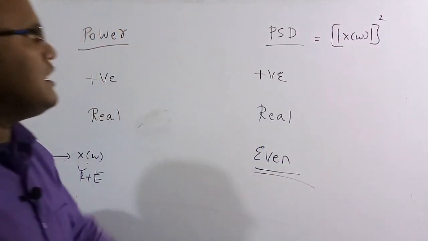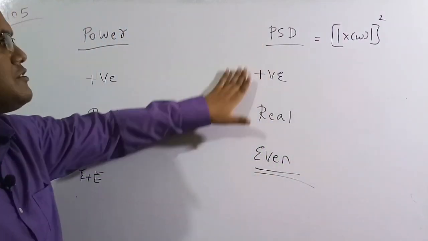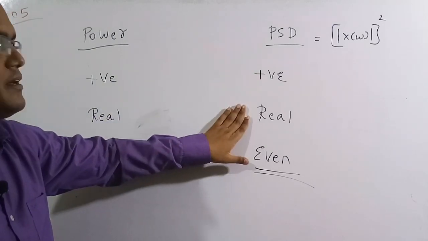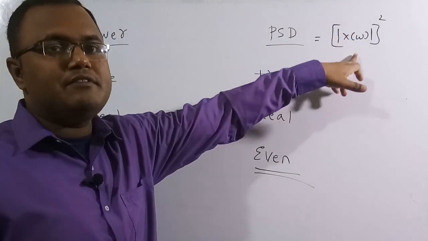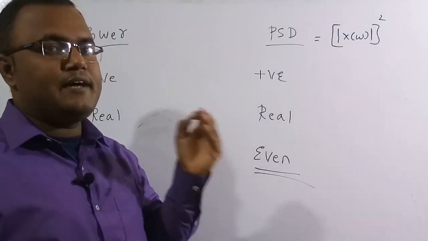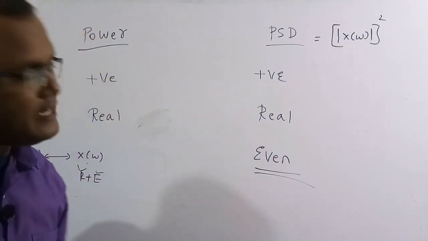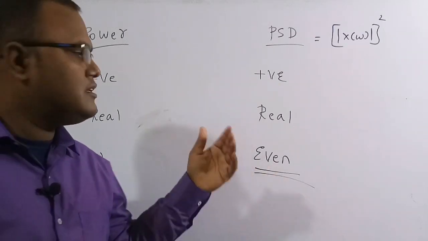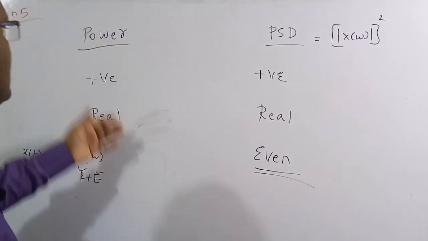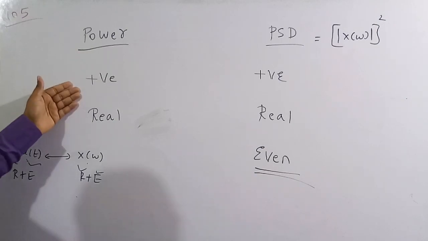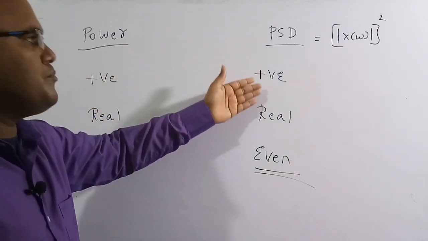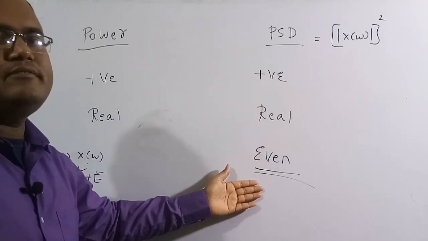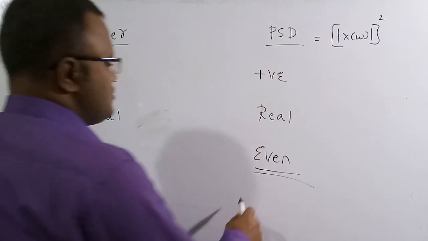So we can conclude that the power spectral density is always positive, always a real number, and it also has even nature, because we are taking the square of the magnitude. The magnitude spectrum of any X of omega is still even, and its square is also even. Therefore the power of any signal is always positive and always a real quantity, so the power spectral density is also positive, real, and even in nature. So this is the correct solution of this question.